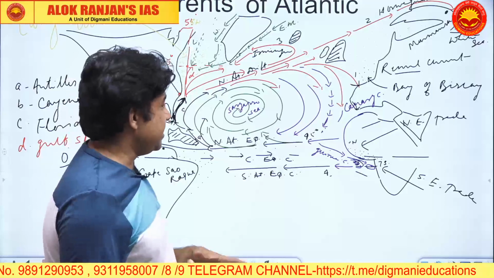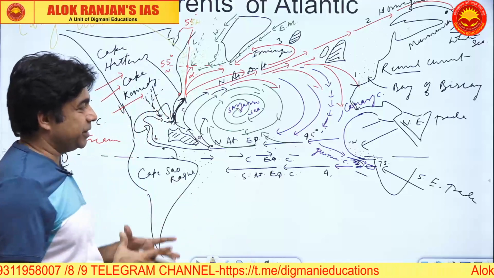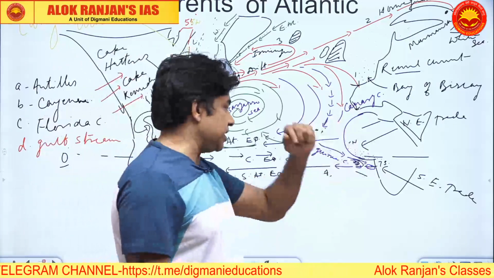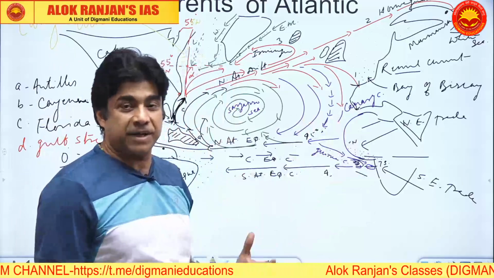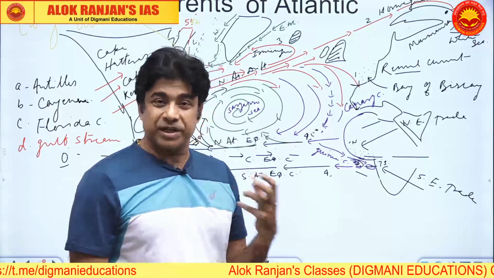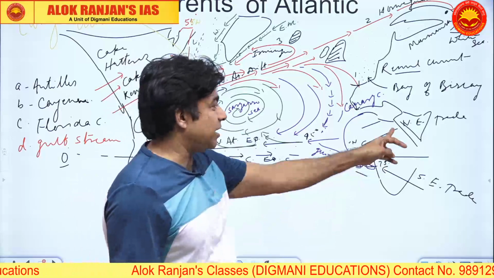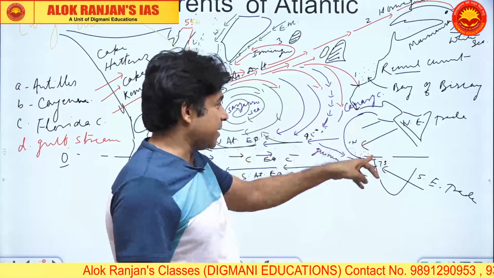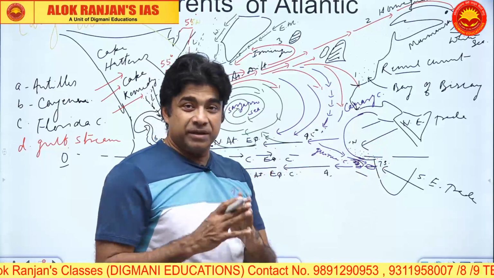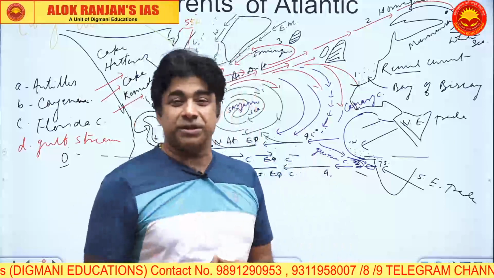So the Guinea current is responsible for a suffocating, highly moist, hot and humid environment along the Guinea coast, and these areas will have a rainforest type climate. So much moisture and so much rain is caused by the Guinea current. You must know that some winds come from the Sahara. The Harmattan, the dry Sahara wind, sometimes enters this zone and removes that moisture, and the suffocation is partly removed from that region.